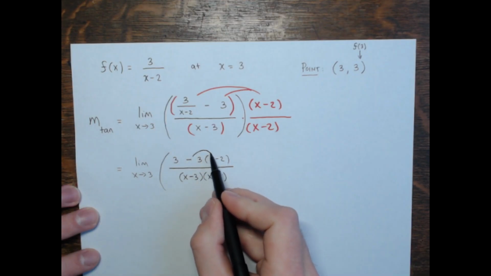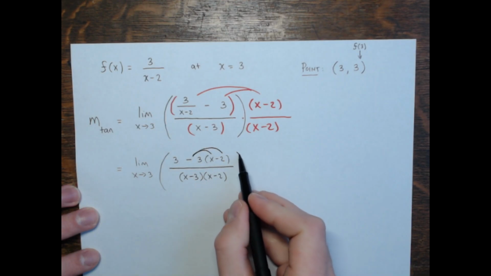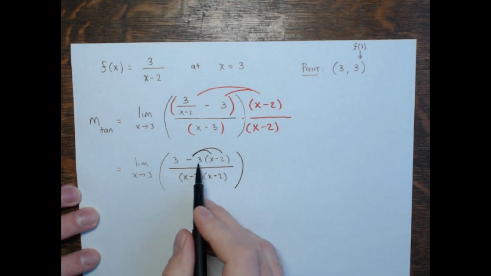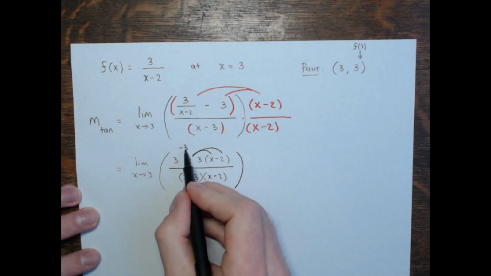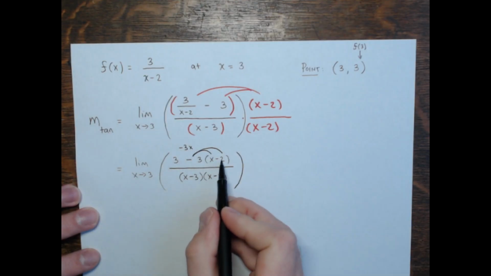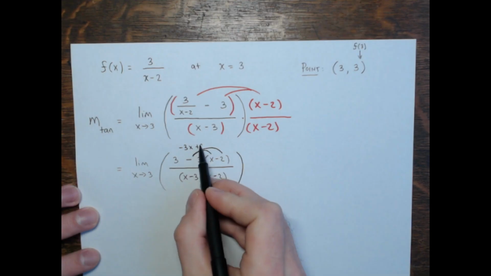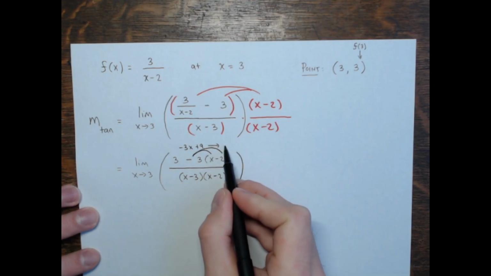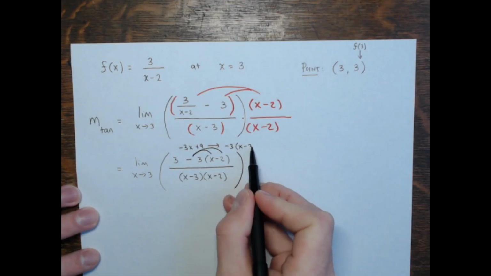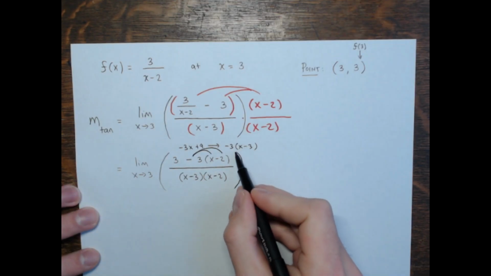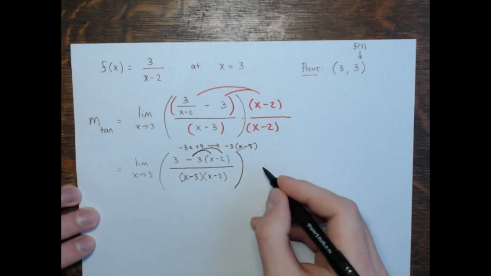Now here, when I simplify, I distribute the negative 3. And this stuff up top would be negative 3x, and then plus 6 plus 3, that'd be plus 9, which is negative 3 times x minus 3, and then the x minus 3's would cancel in the numerator and denominator.